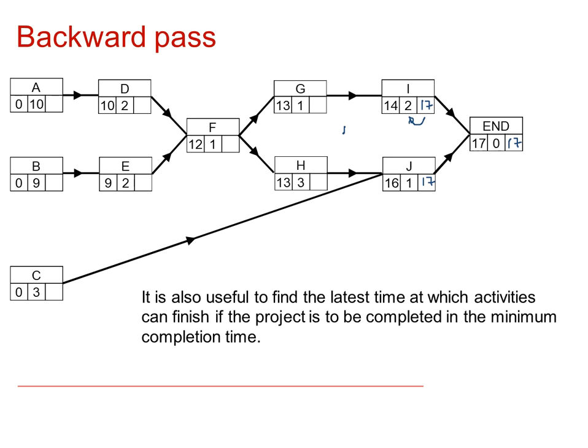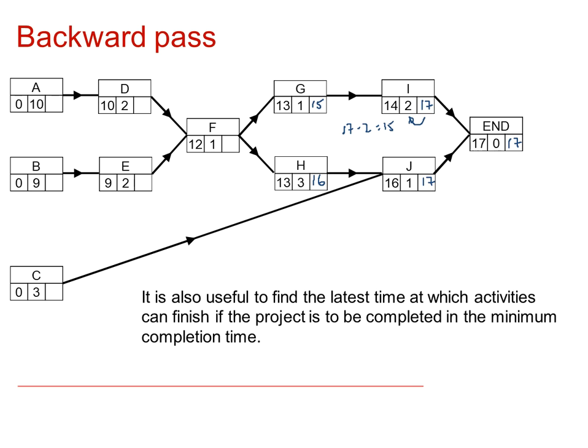Here we've got 17 minus 2 is 15, so we're subtracting this time, and there's only one arc coming into G, therefore that will be 15. Similarly for H, there's only one arc coming into H from J, so 17 minus 1 is 16.